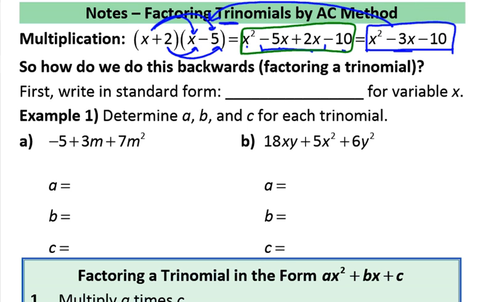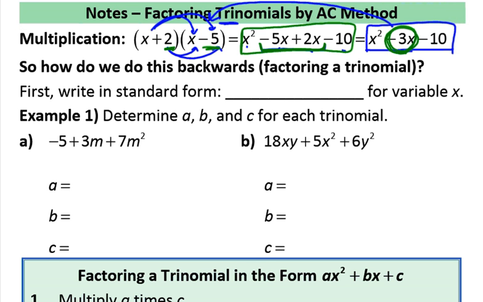The only thing different between the last step and the middle step is that the negative 3x term got split into negative 5x plus 2x. You can also notice that in the factored form we have those 2 numbers, negative 5 and 2. So the whole goal is how to split up this negative 3x into these 2 numbers.